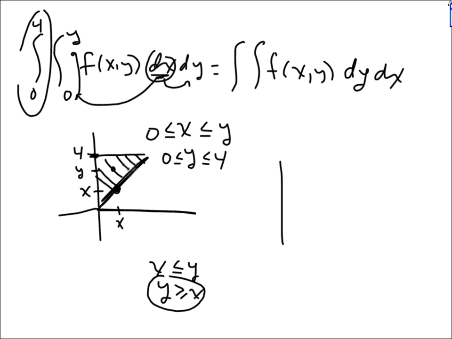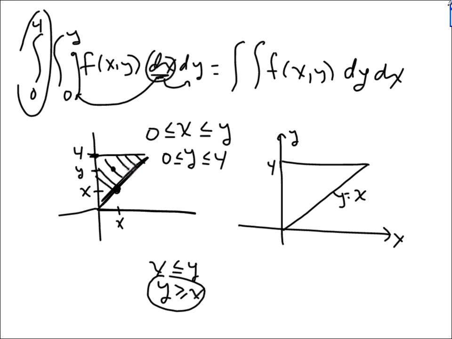Now, let's draw it again. Let's look at it a little bit more closely. This is y equal x, the x-axis. This is the y-axis. Now, what does x go from?